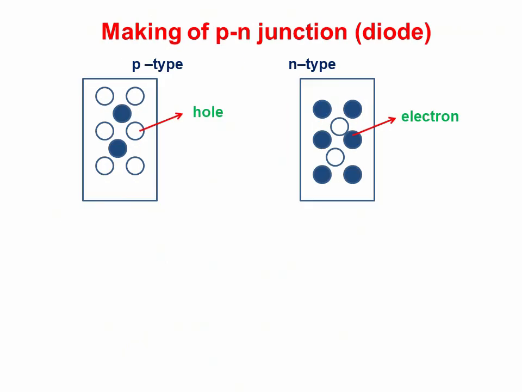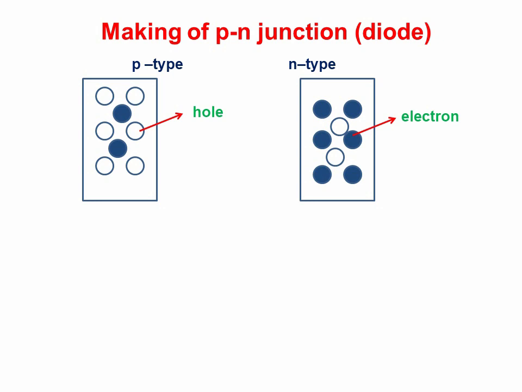Now, we are going to see how to make a p-n junction diode. Just before, we learned how to get n-type and p-type extrinsic semiconductors.